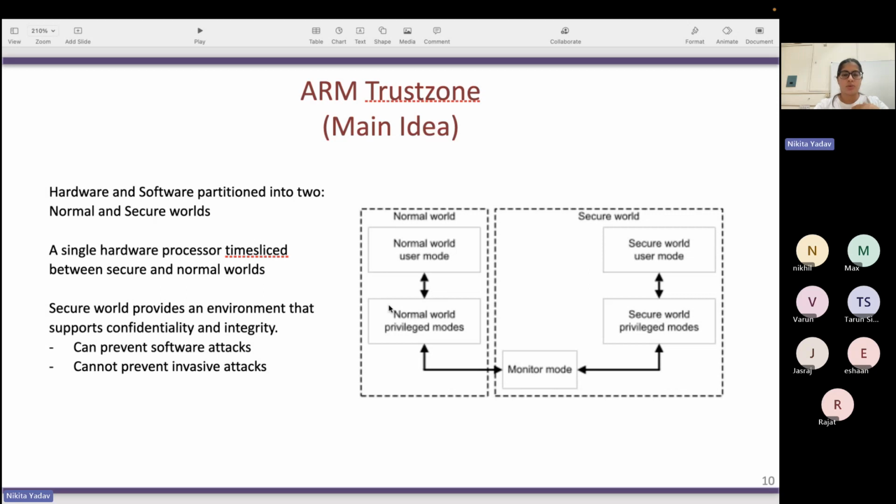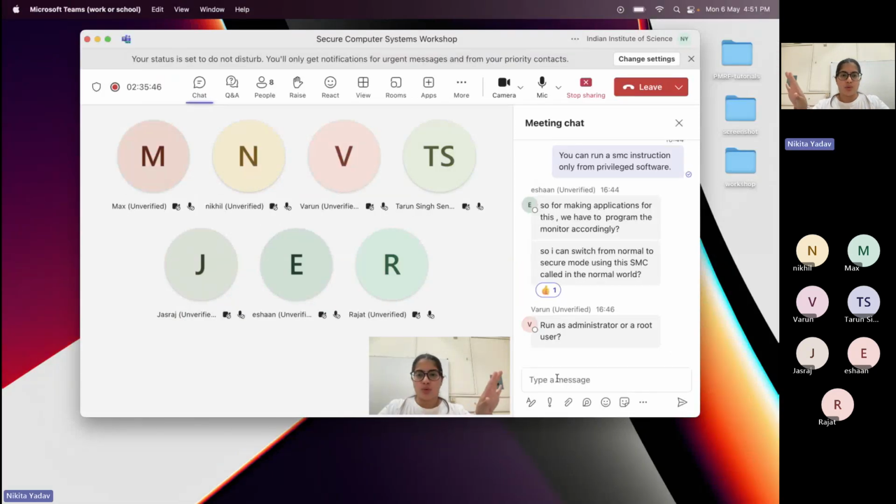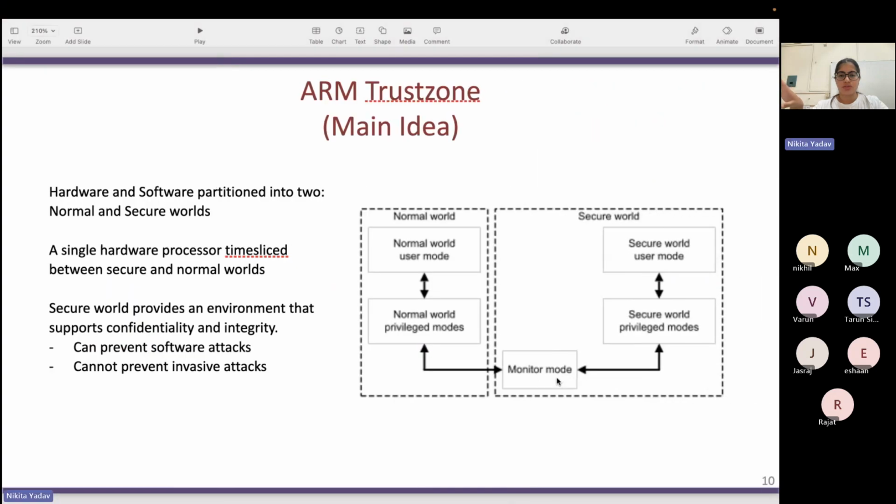Then when the OS gets called with this system call, it is going to have the SMC instruction, which will cause an exception, which will be caught by the monitor, and the monitor will switch the world from normal world to secure world. Is that flow clear? How you will switch from your application running in the normal world to the secure world?